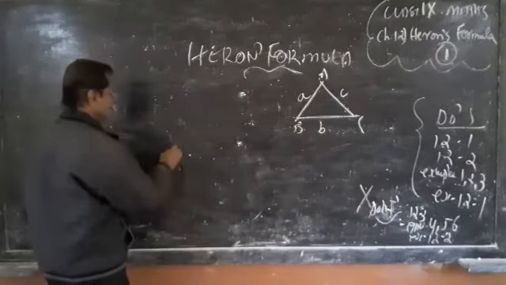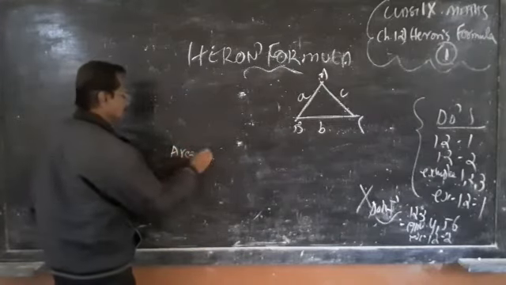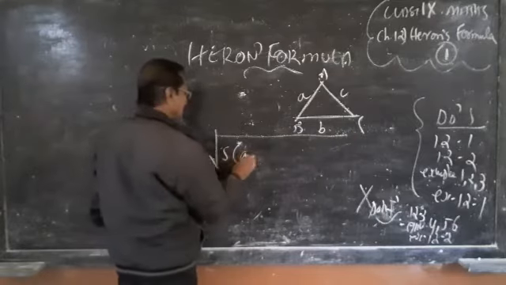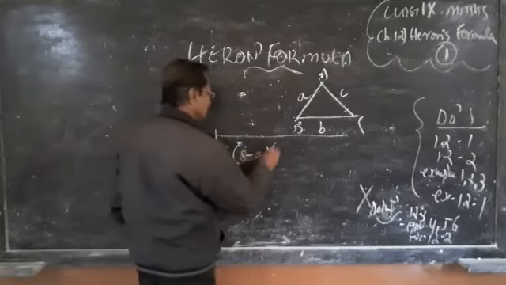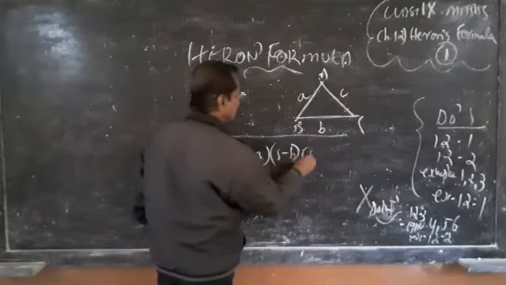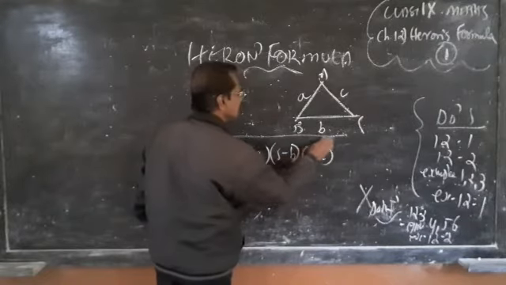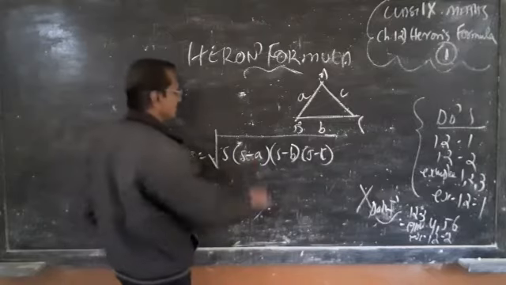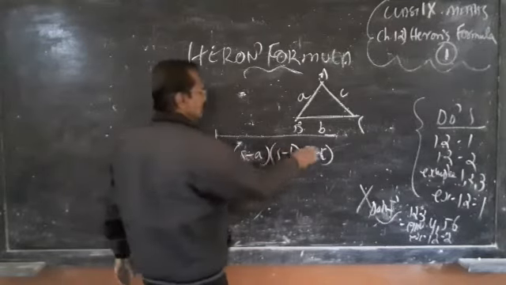Then the area of the triangle is equal to root of s into s minus a into s minus b into s minus c. This is known as Heron's formula.